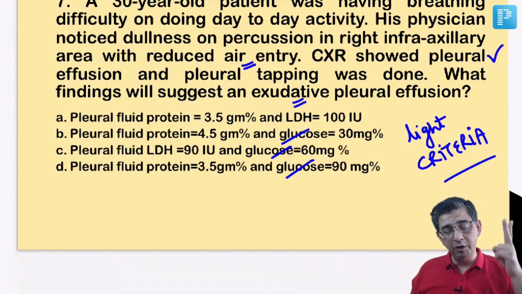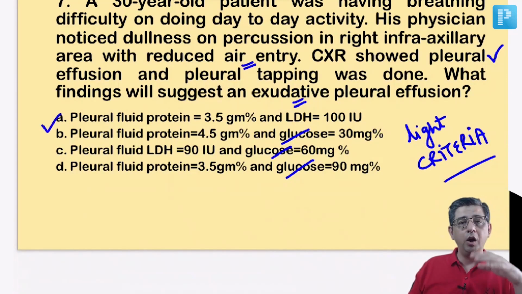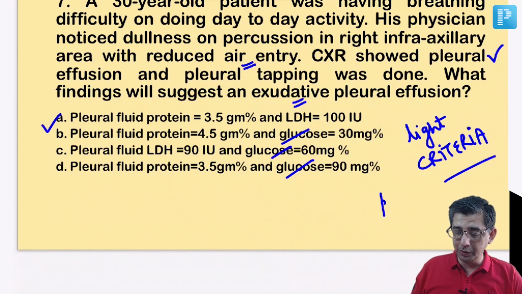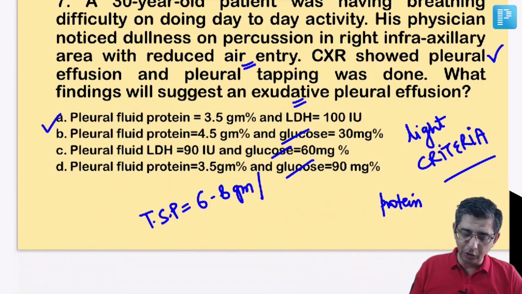And suppose there were two options, right? I've just put one for your convenience, which is option number A. The next thought process of yours is that in Lights criteria there are two things that I mentioned. One is going to be the protein and second is the LDH value. All of you know the total serum protein, and if you don't, I'll just mention that before you. Normal total serum protein, that is the combination of albumin and globulin, is 6 to 8 gram percent.